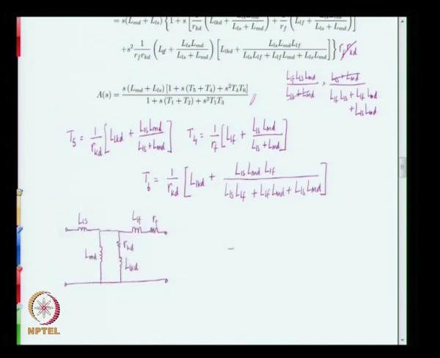So you have LLKD in series with LLS, this is shorted now, LLS, and then you have LMD, and then you have LLF.